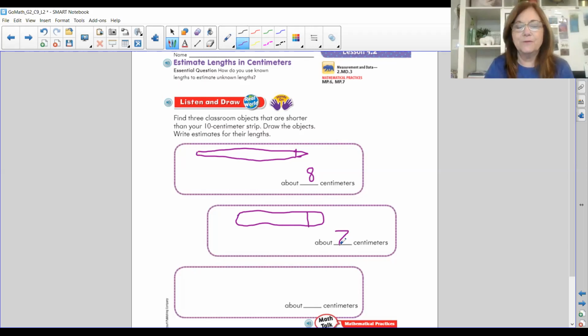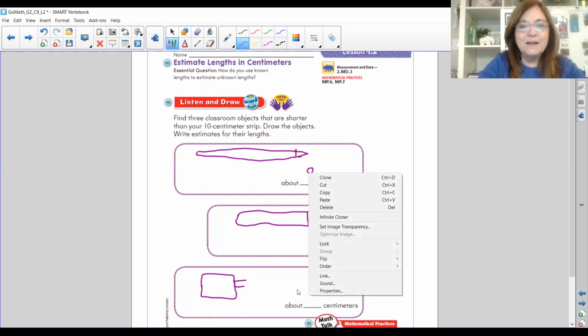I'm just gonna say 3. And later on, if I want to check, I could hold those objects up to my centimeter ruler and find out how close I was on my guess, because it's always fun to guess and then see how close you are. Have a contest with someone in your family.